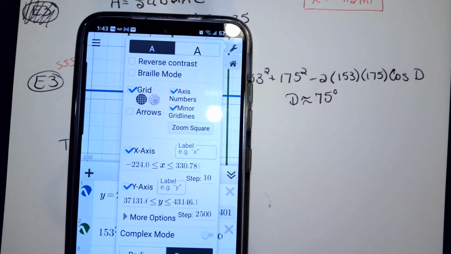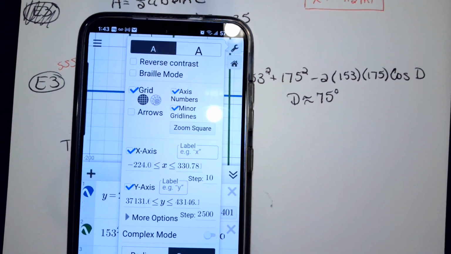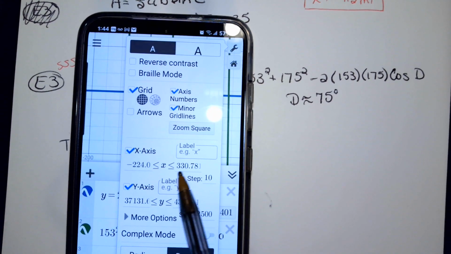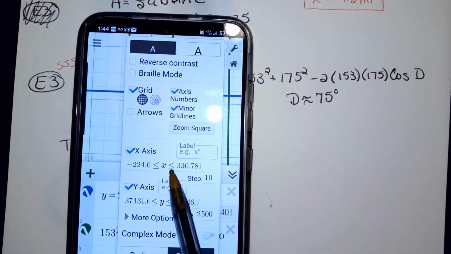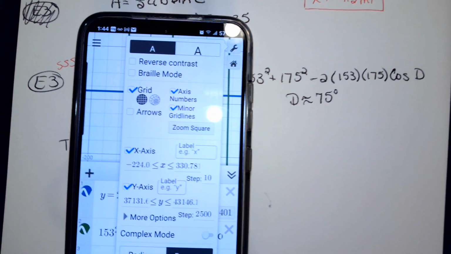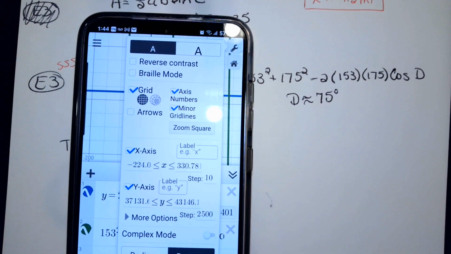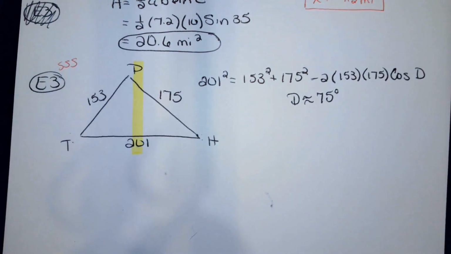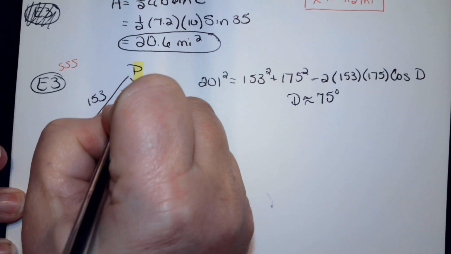Because my graph was looking all crazy, and I knew that my angle could not be more than 180, so I set my upper limit to 180. Now, if you notice, this changed a little bit, and the reason why it changed, remember, is because after I set it, I moved it a little bit, but it made it more manageable.